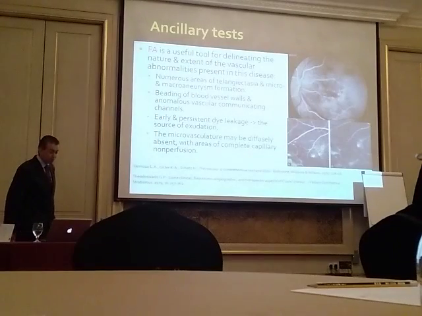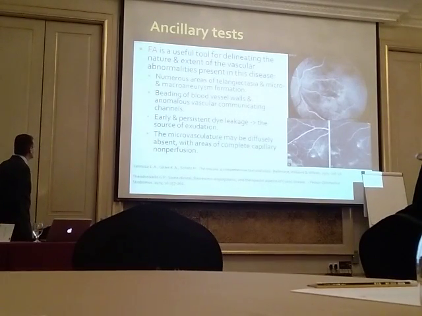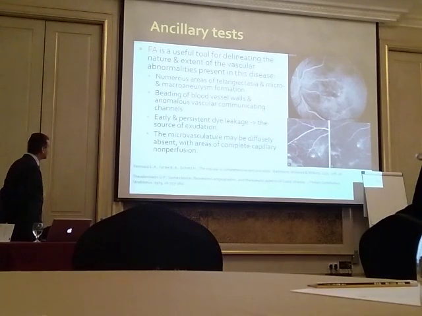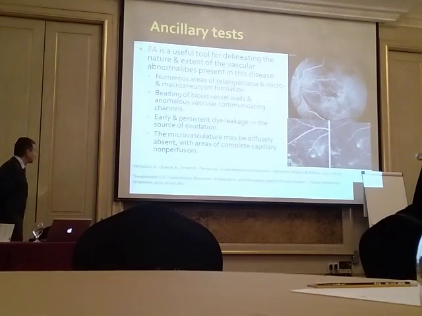Now, fluorescein angiography is a very useful tool in delineating the nature and the extent of this vascular abnormality, because you can see the numerous areas of telangiectasia and micro and macrovascular aneurysm formation.